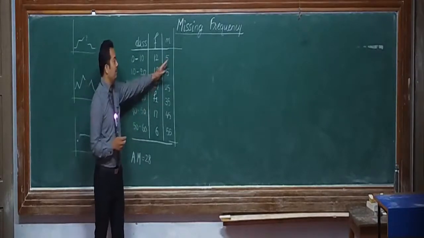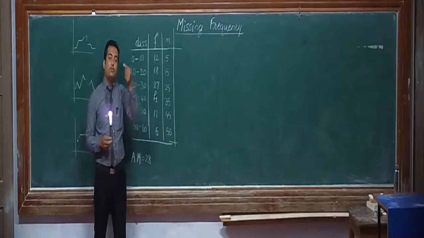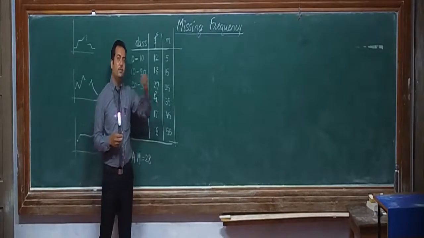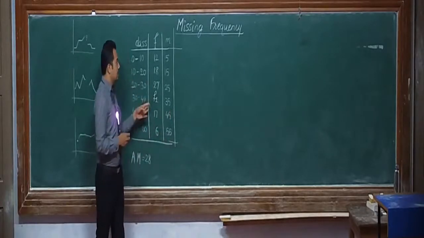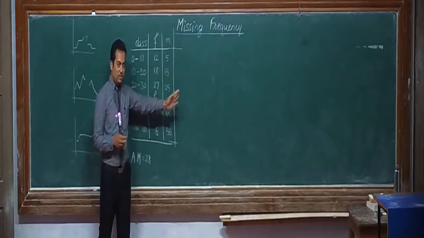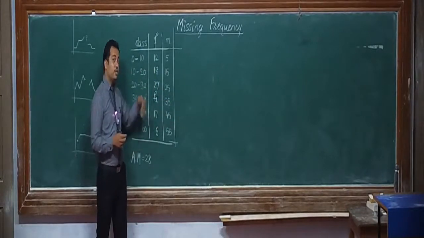That gives you very small values, and those smaller values you multiply with frequency. But in this case, this midpoint itself multiplied with frequencies will give you larger values. So we'll go for the assumed mean method.